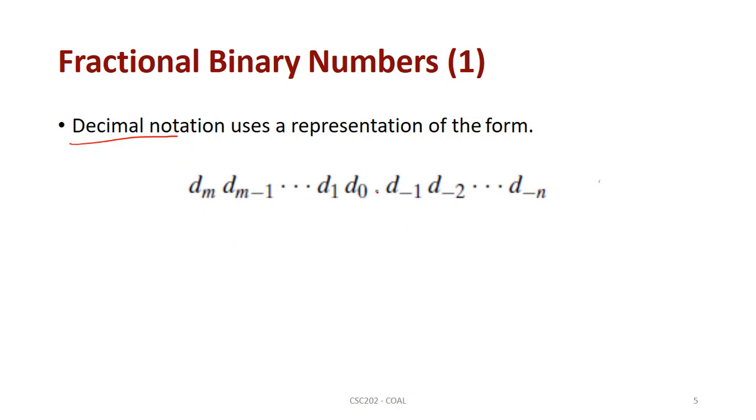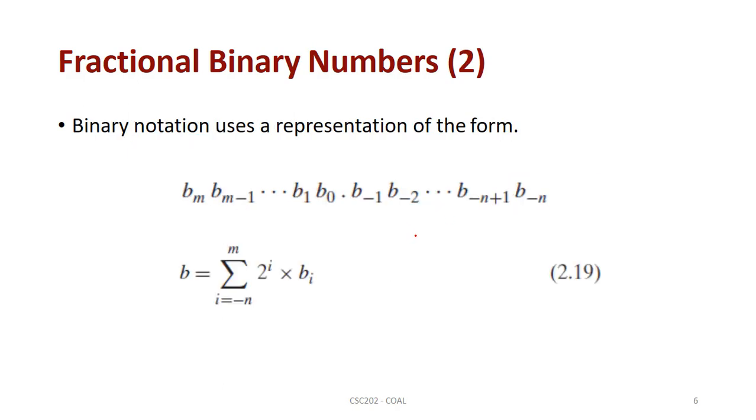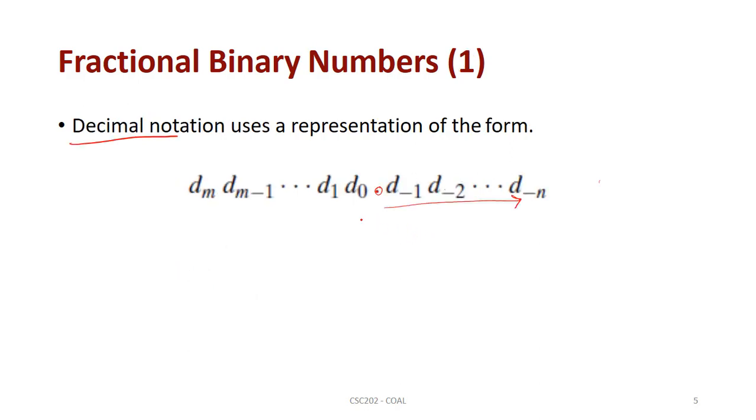You can see that this is the position of the point, and towards the right side of the point, this is digit 1, digit 2, digit 3, and so on till minus n. Towards the left side of the point, starting from digit 0, we have 1, 2, 3, and so on. Here, what we mean by digit 0, digit 1, actually represents the power of the base.